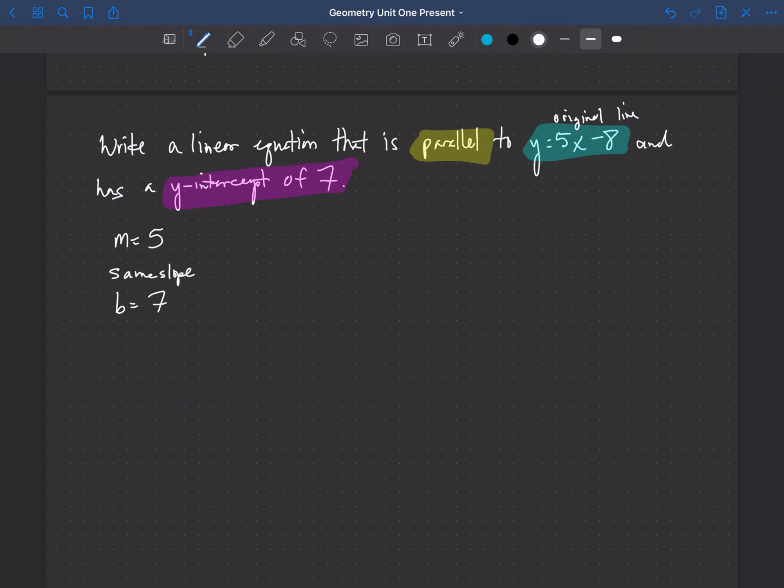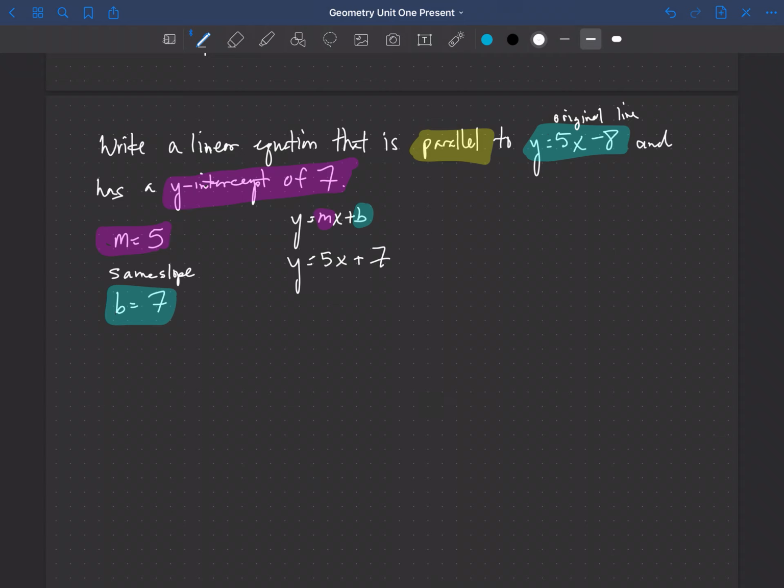Okay, so taking all this information, we're going to use this to write our own slope-intercept form. So we're going to start at y equals mx plus b, and we're going to plug in all the information that we have. So m equals 5, so I'll plug 5 in for m. Okay, b equals 7, so I'll plug 7 in for b. y equals 5x plus 7.